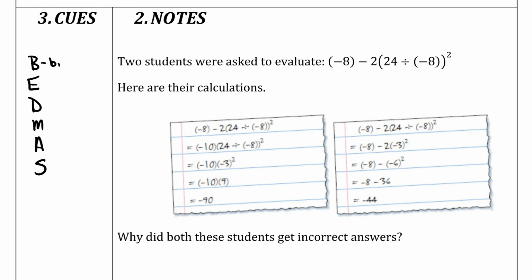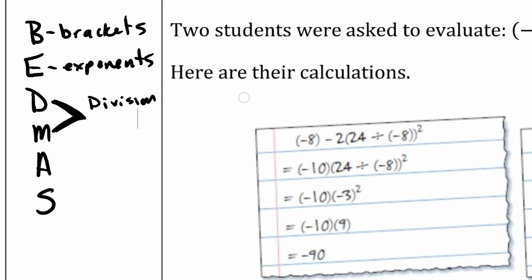So B is brackets. E is exponents. D is division, and I'm just going to do this together, division and multiplication. I'm just going to zoom in here a little.